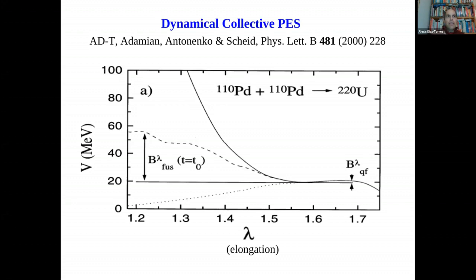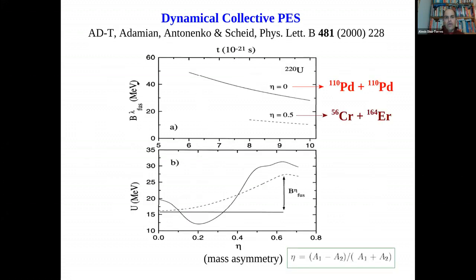The system heats up, and at the same time the system is, of course, evolving in other collective variables. But this internal barrier is a function of time. So this collective potential energy landscape is time dependent.